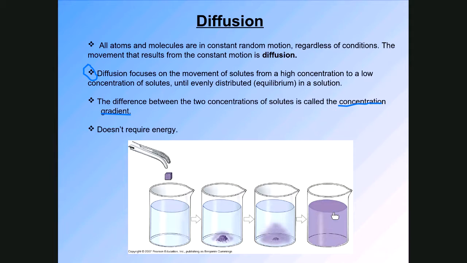At equilibrium, throughout this sugar solution, we have an equal concentration of sugar per water. Therefore, we no longer have a concentration gradient. When we are at equilibrium, we no longer have a concentration gradient. You can see the solute concentration is evenly distributed throughout.